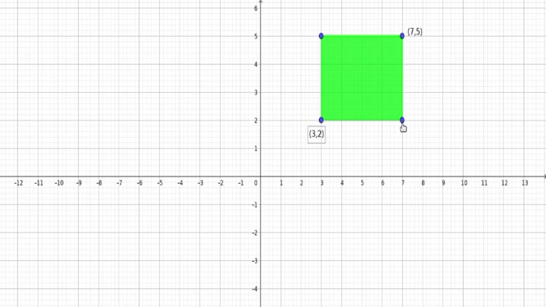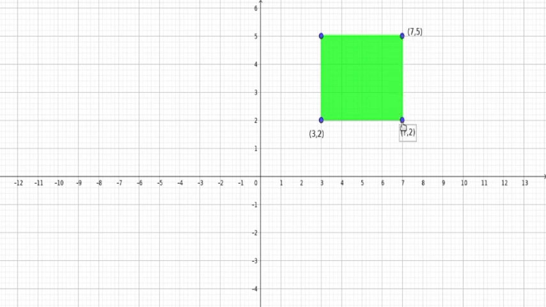So first I am going to write the y coordinate. Yes, the y coordinate is 2. Then what about the x coordinate? How do we find that? See, this side of the rectangle is parallel to the y-axis, right?